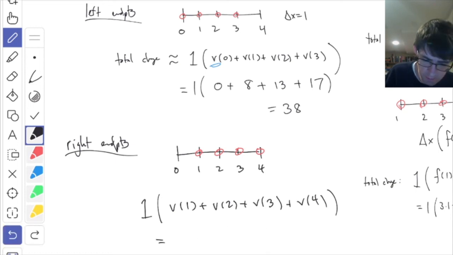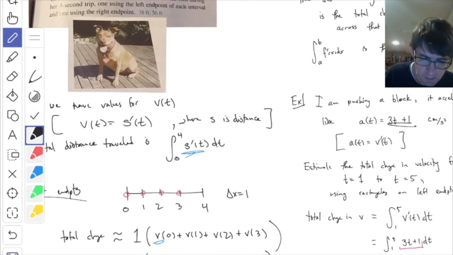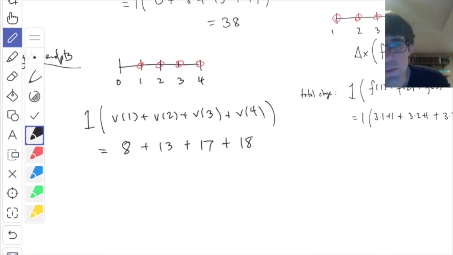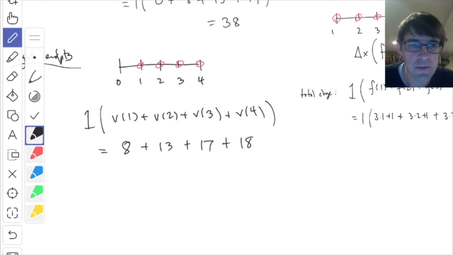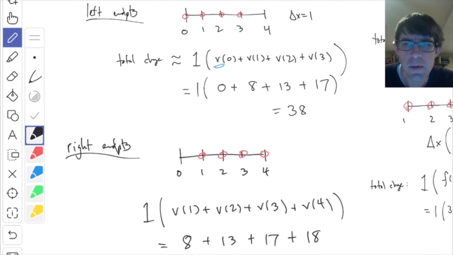I skipped the first one. The first one I'm using in this one is 8, 13, 17, and then the last one is 18. So add those numbers up, and whatever you get, that's the answer for this part B. Any questions about those ones? Somebody asked me about this, and I hope that addressed this kind of problem.